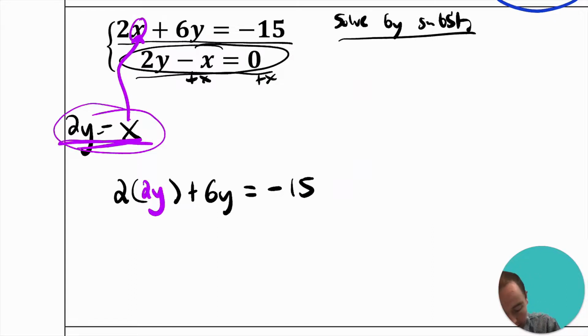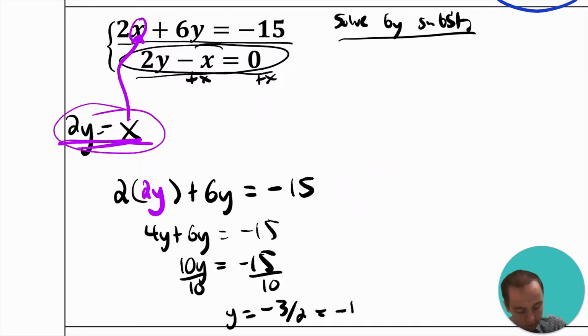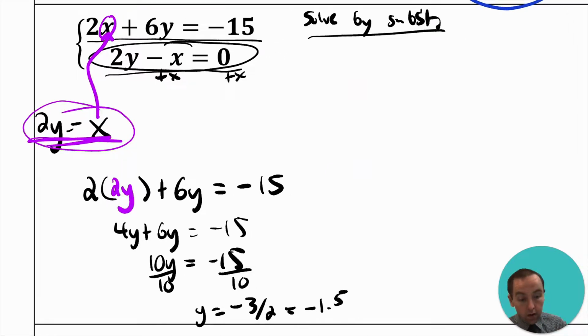So now we get 4y plus 6y equals negative 15, or 10y equals negative 15. And we're going to find a value for y now. When we divide by 10, we actually get the fraction negative 3/2, which for this particular number is perfectly the decimal negative 1.5, so we could use that if we wanted to as well.